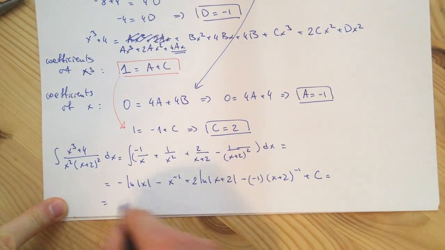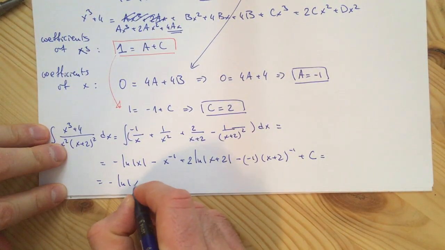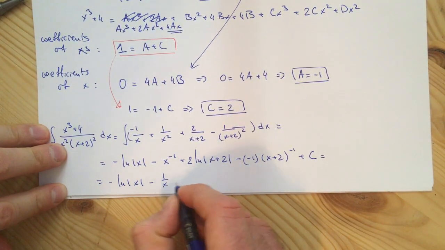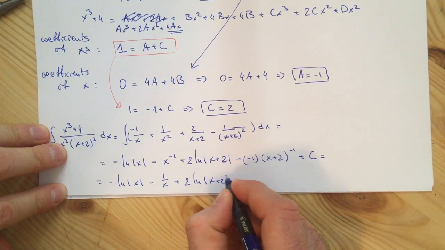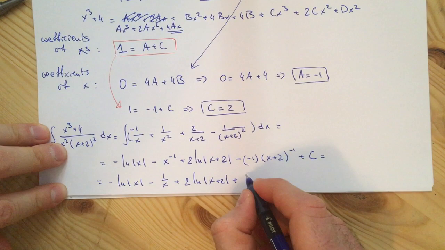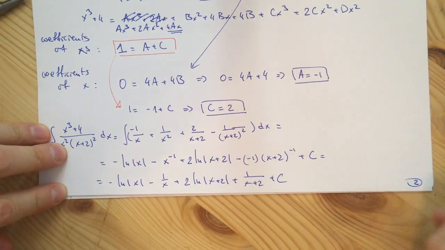And of course you can rewrite this as -ln of absolute value of x minus 1 over x plus 2 ln of absolute value of x plus 2 plus negative times negative 1 over (x plus 2) plus c.